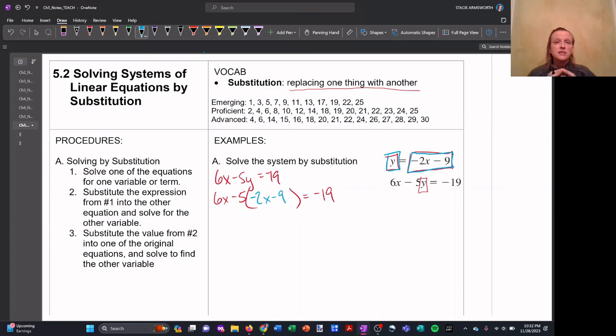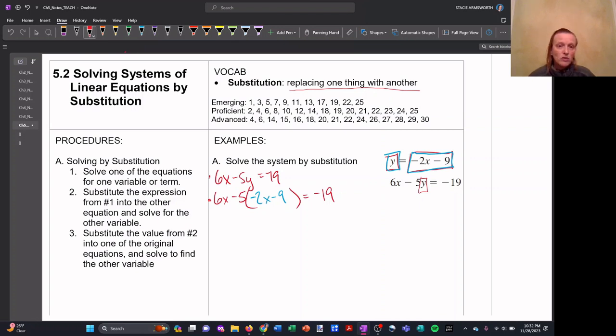This equation means the exact same thing as the original equation written above it. These two equations are totally equivalent. I've just replaced the y with an equivalent expression, negative 2x minus 9.